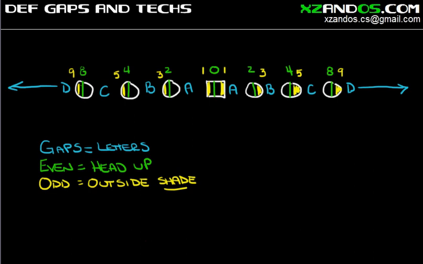Moving into inside shades. Inside shades are a little bit different, and I'm going to designate inside by putting the I in parentheses and writing in red, but these are going to be considered inside shades.